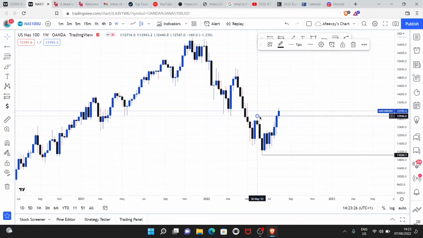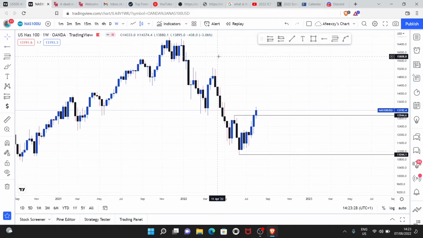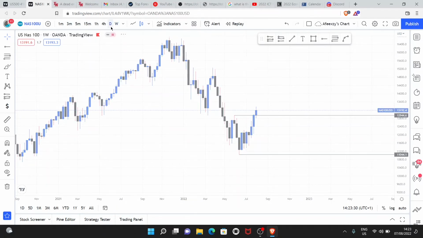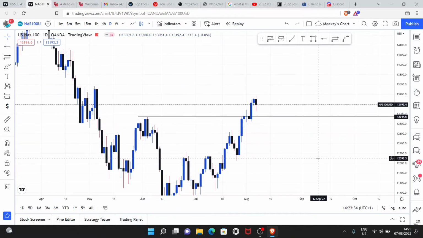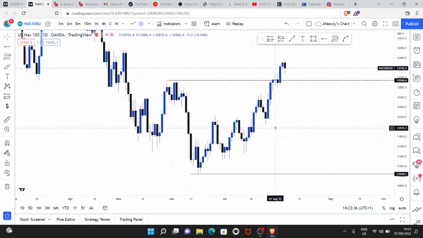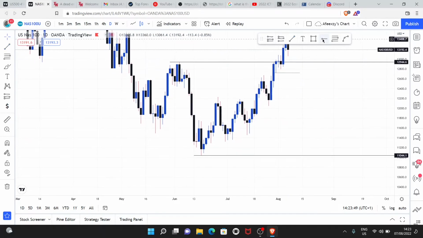But I'll still be watching what's happening here. On our daily time frame, let me check what I can see. There is a mini fair value gap here. It's not that obvious, but it's very tiny.